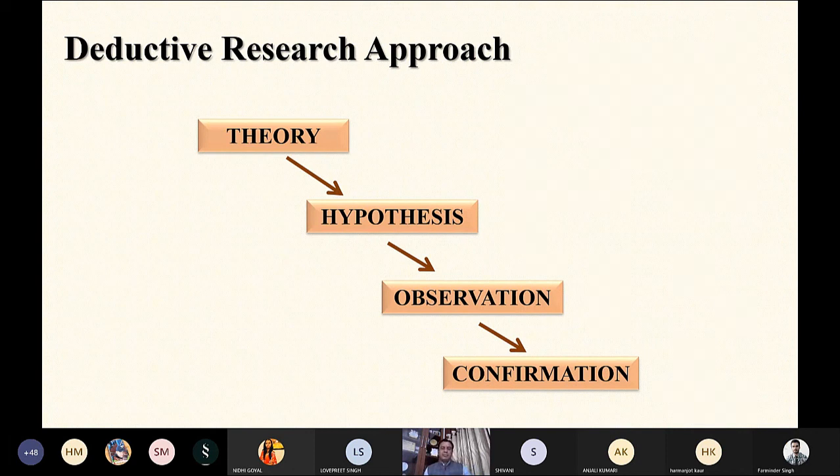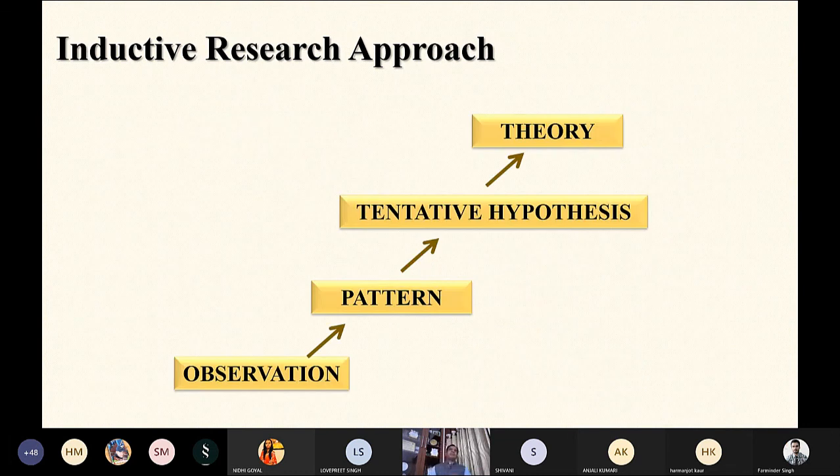But if we do not have any theory for the study we are going to conduct, then we go for the inductive research design. In this case, we are not going to confirm the results; we are going to develop new theories. As I was saying, theories that have already been developed by someone else can be used in my research.